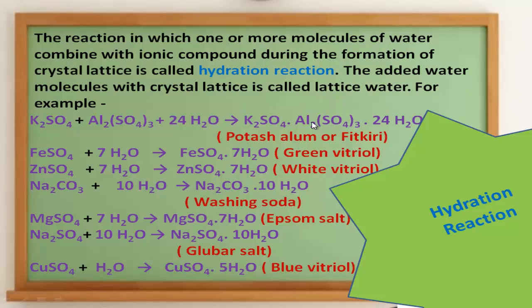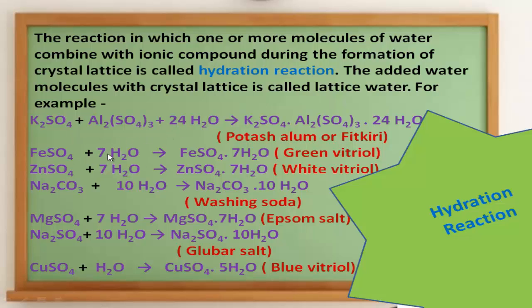For example, the name of this chemical compound is potash alum, or fitkiri. You have heard about this fitkiri. It is actually used as an antiseptic reagent. This is a crystalline substance. You have seen the white colored crystalline substance. So this type of reaction is called a hydration reaction.